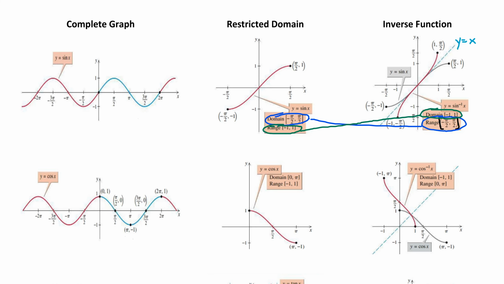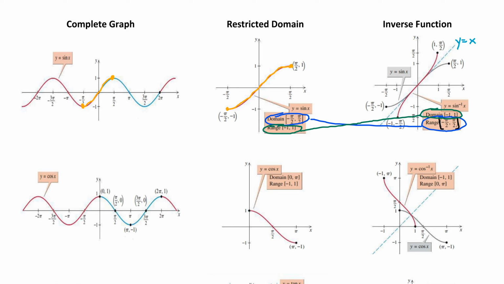So the bottom line is that even though the original sine wave is not 1 to 1, we can restrict the domain down to -π/2 to π/2, and we have a branch of that sine wave that is 1 to 1 and therefore invertible. This branch also exhibits all of the possible range values for sine from -1 to 1.